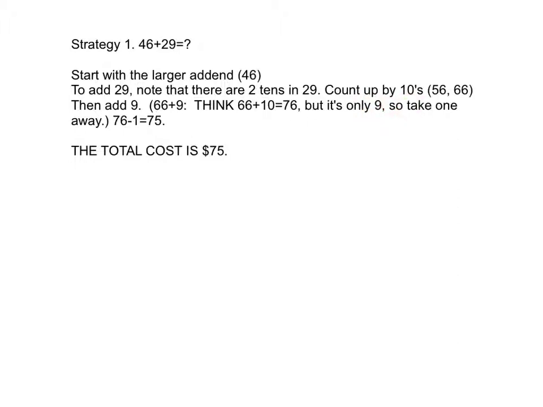From 46, two tens, 56, 66, and then add 9, 66 plus 9. Think, 66 plus 10 equals 76, but it's only 9, so take 1 away. 76 minus 1 equals 75. The total cost is $75.